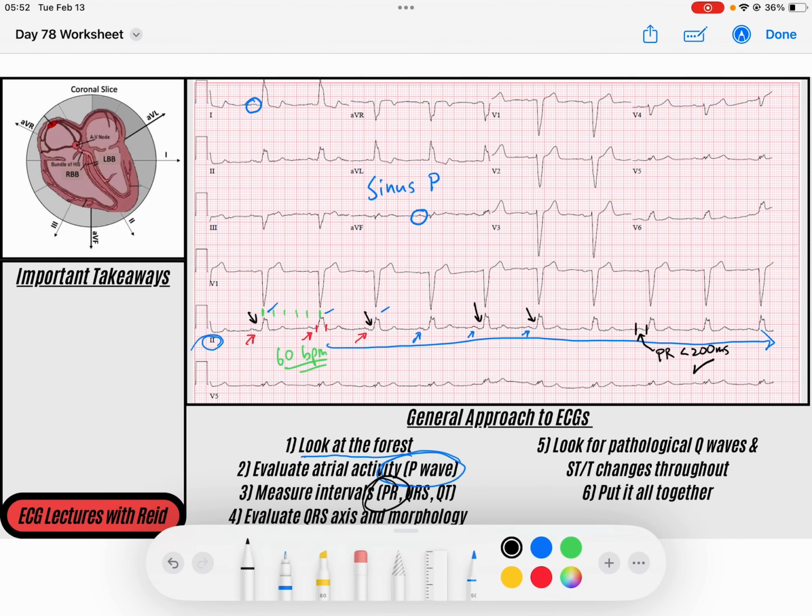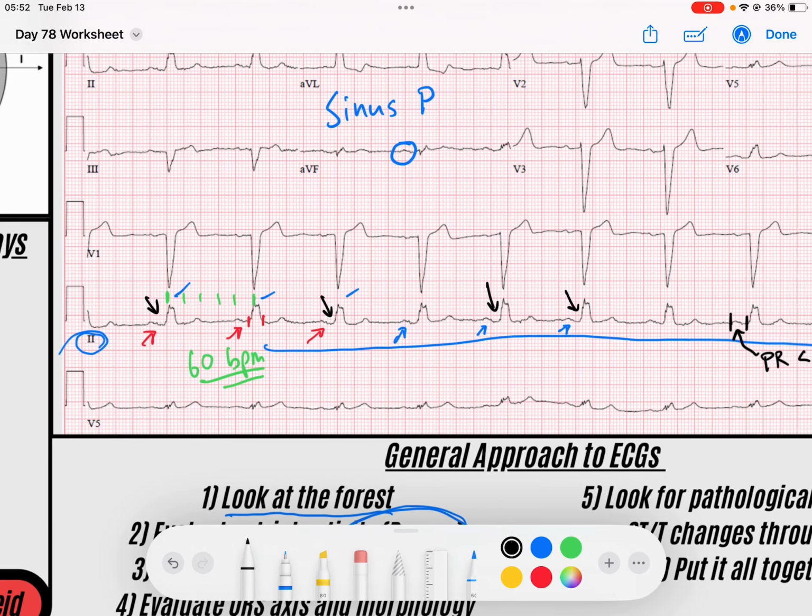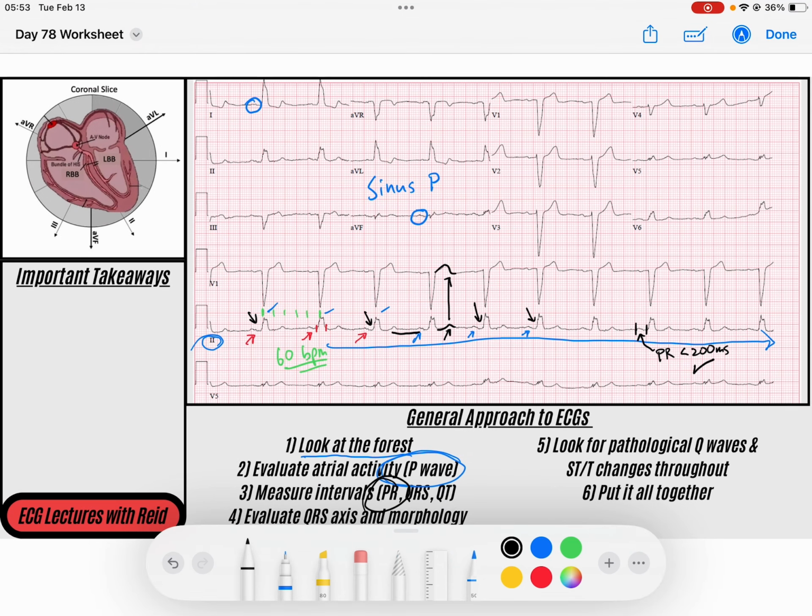Every P wave has a QRS. AV node's working every time. There are no P's in the middle of this rhythm that seem to be non-conducted. You might be like, well, is this a P right here? Well, you can look straight up and say, oh no, that's actually just the T wave of my QRS, right? So use some context clues.